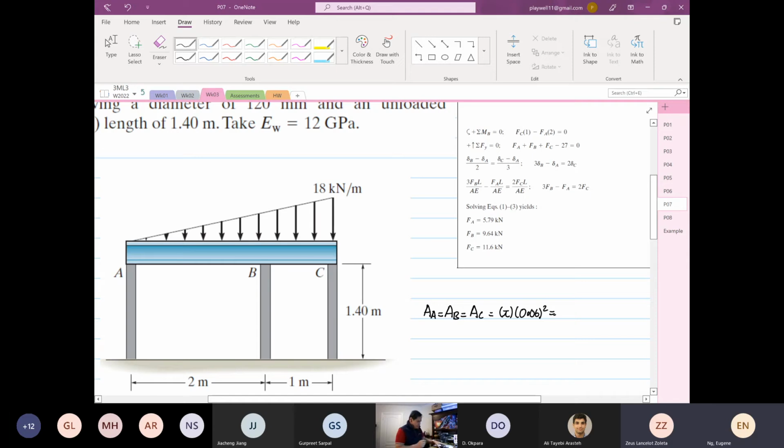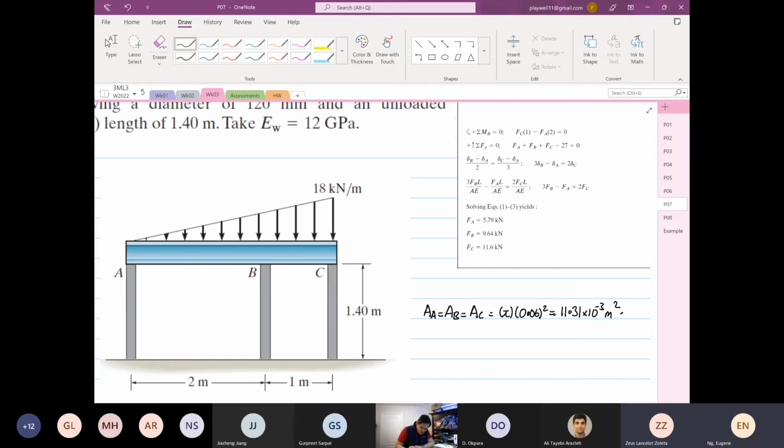So we find the cross-sectional area first. 0.06 squared times pi is 11.31 times 10 to the power minus 3 meters squared. Okay, I will do it again. 0.06 squared times pi is 113.09 times 10 to the power minus 6.